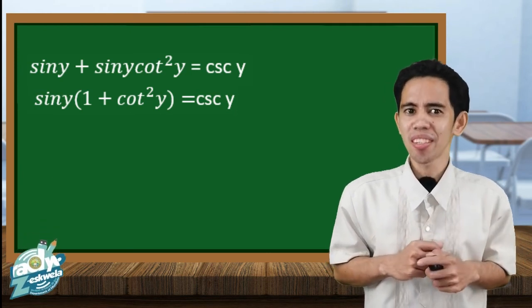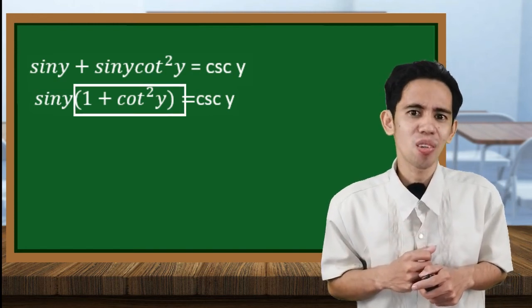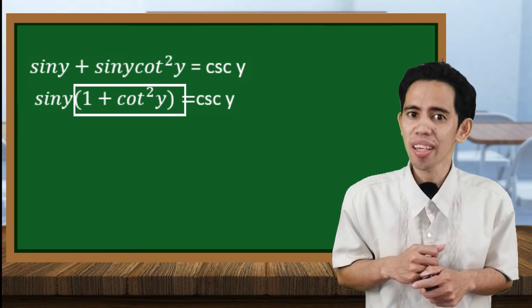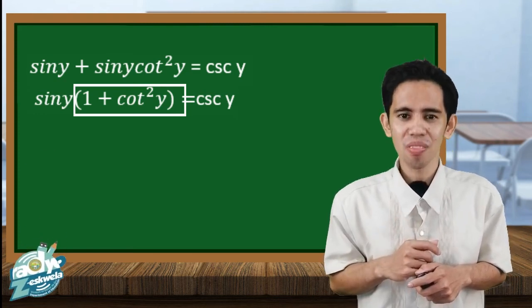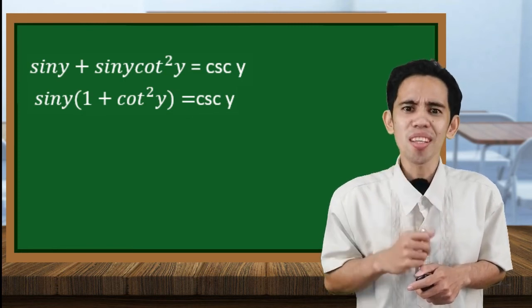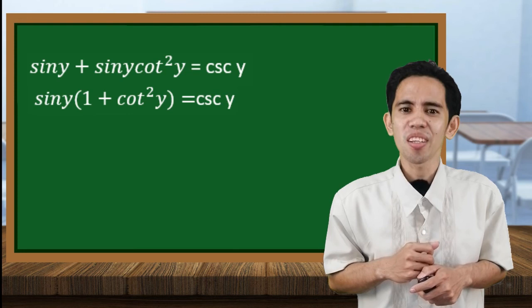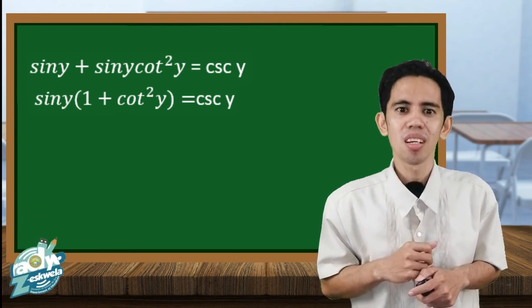Using the Pythagorean identity, which is 1 plus cot squared y is equal to cosecant squared y. Don't be confused by the variable. You can change the variable. Instead of using theta, you can use y.